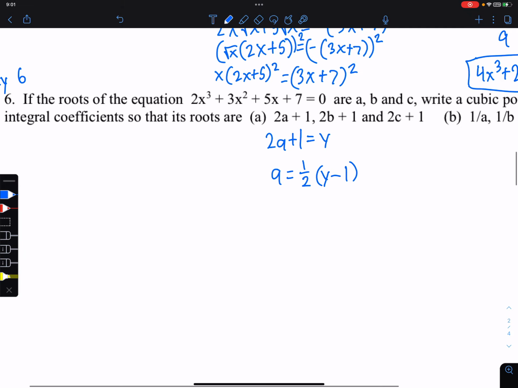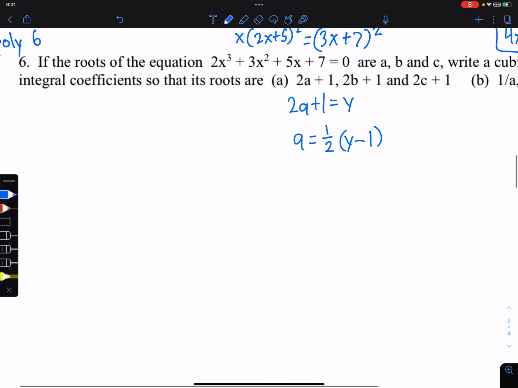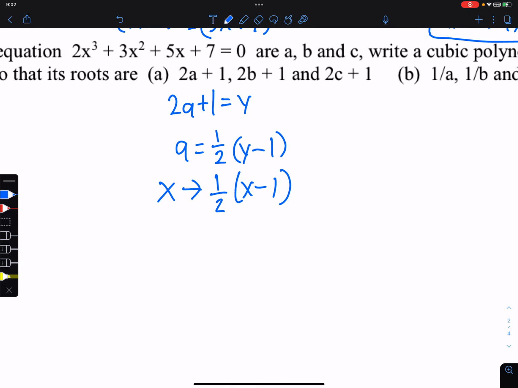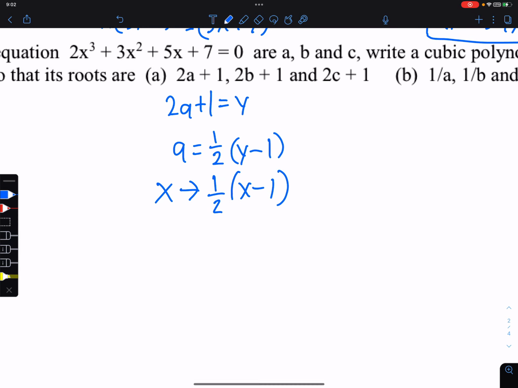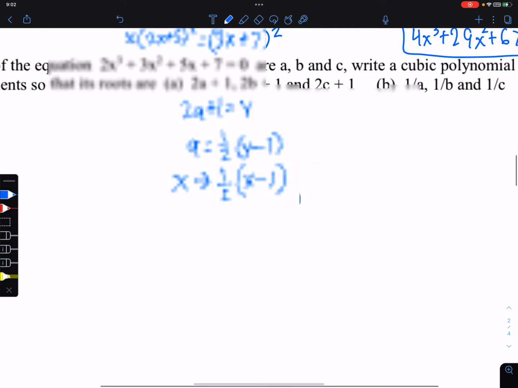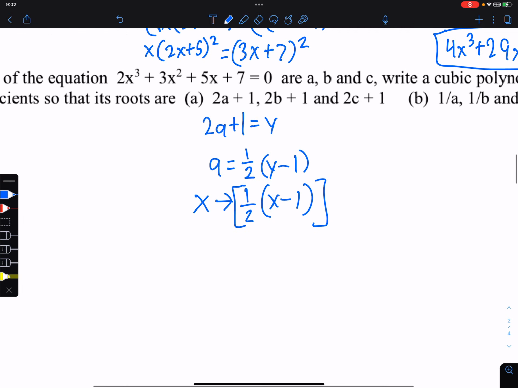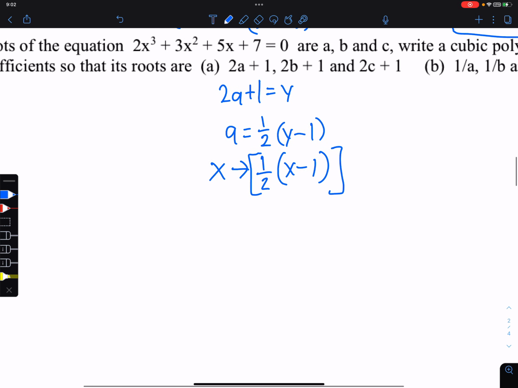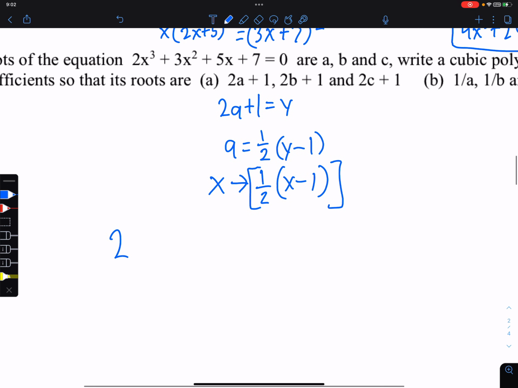That's basically it. So yeah, here you would do x to 1/2 x minus 1. And you would have to work that out. And yes, the 1/2 also gets squared. Also is put into the power. So for the first one, it would be 2 times 1/2 x minus 1 parentheses cubed.